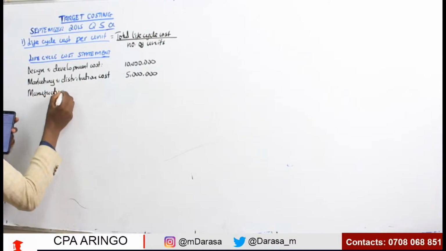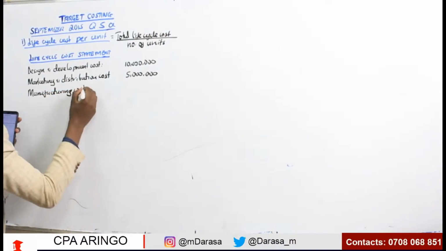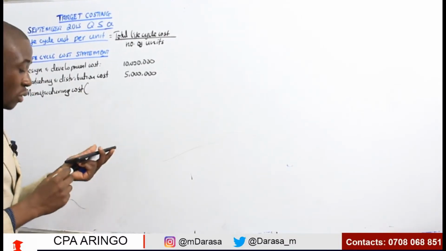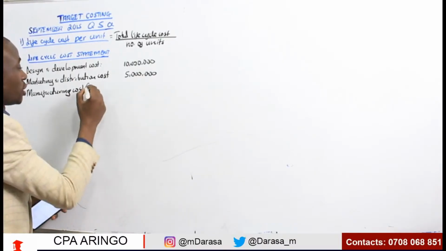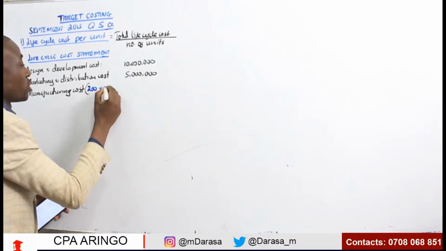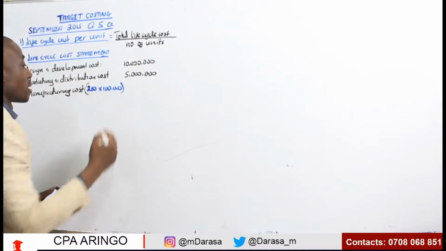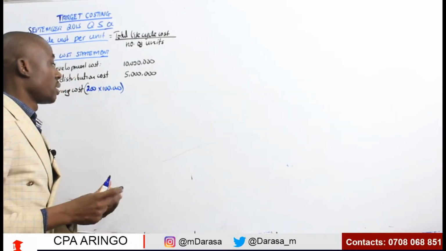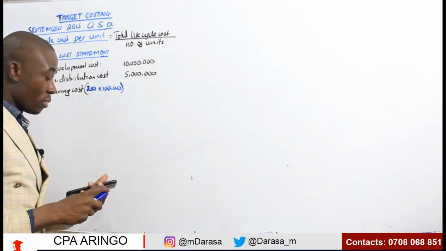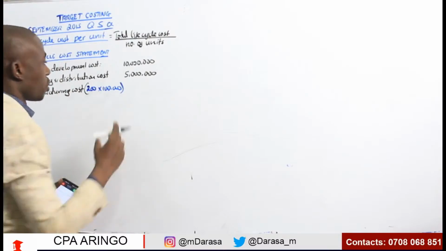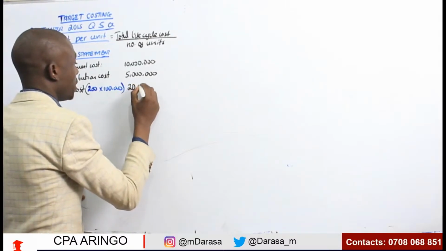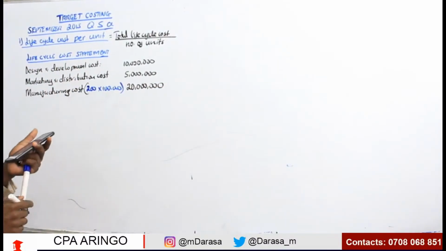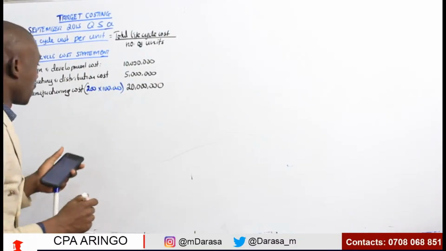Manufacturing cost, I was given per unit, 200 shillings per unit. And how many units were we producing? 100,000. So that should give us 20 million. So we're going to talk of 20 million being our manufacturing cost. The other cost given here, I'm given end of life cost.